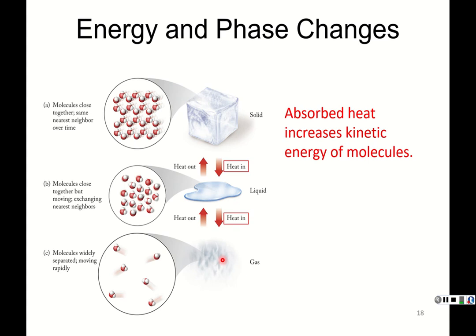The molecules, therefore, will be moving around more, right? So if you have a solid, those molecules are fairly stationary. Once you supply enough heat, that phase will change. The molecules in a liquid can move around much more freely, and then obviously in a gas, they're moving around really fast. They have a lot of kinetic energy.